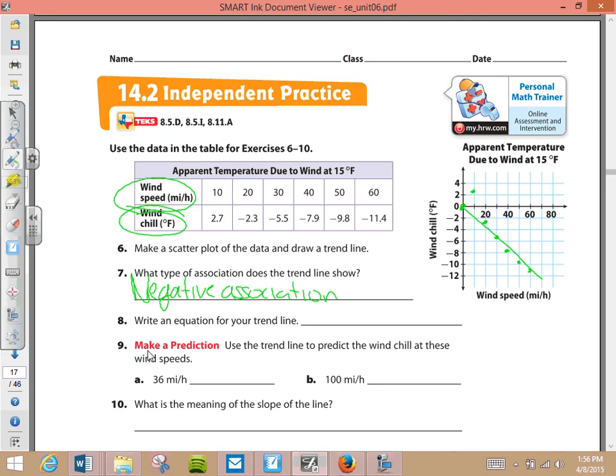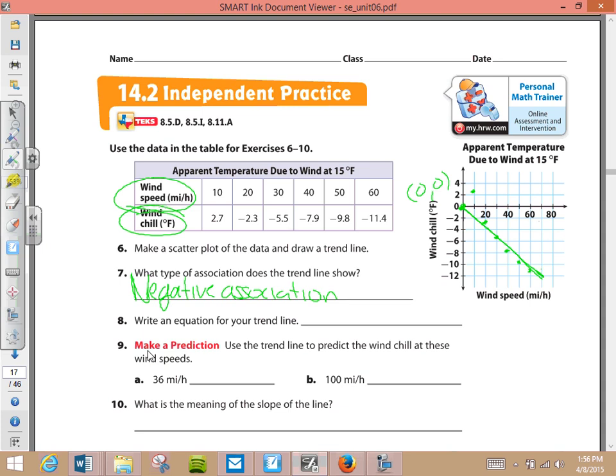Yeah. So write the equation for your trend line. So if we're going to use 0, 0 as a trend line, what other point can you use? So notice the line that almost basically goes through this line right here.